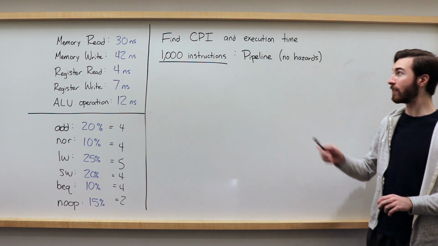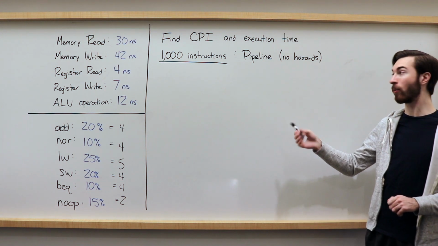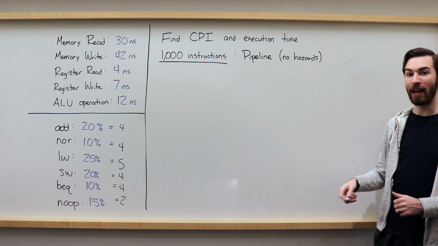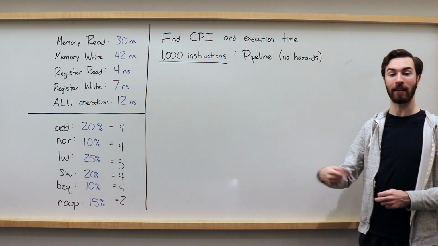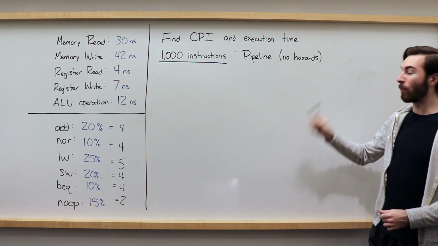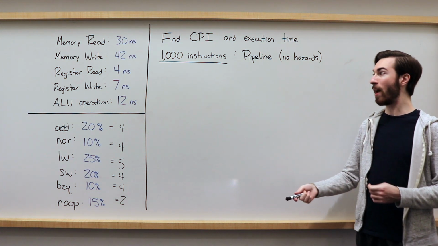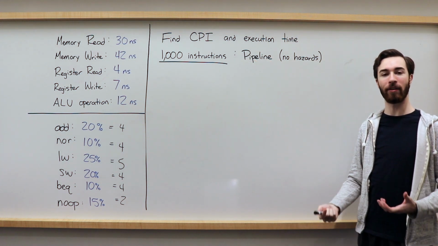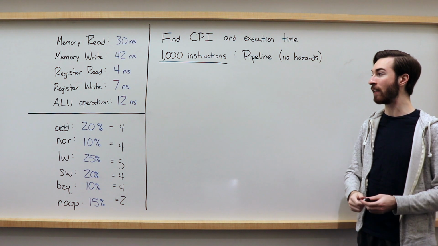So when we're calculating the CPI and execution time in the pipeline, we're going to assume that there are no hazards, no data or control hazards. And we're going to be talking about those in the coming videos, but for here, we're just not going to worry about them. So when you're working with the pipeline and there are no hazards, and you want to calculate the CPI, you need again to find the number of cycles that it takes the pipeline to execute.